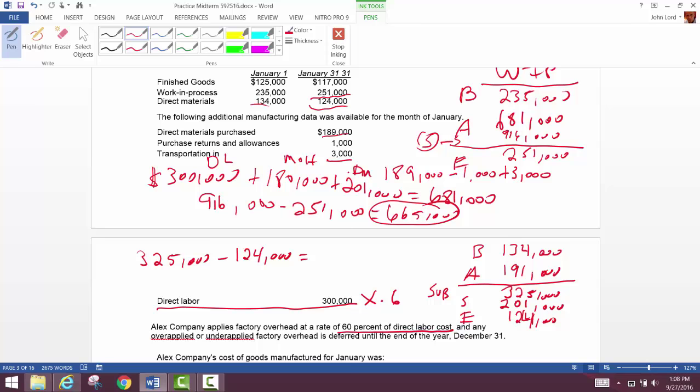So to get the direct materials, you wanted to do what? So add direct materials plus the direct labor, and then also add whatever we got from 0.6, which would give us 669. And then you would subtract the 1,000 from the purchase returns and the transportation to get the same number.